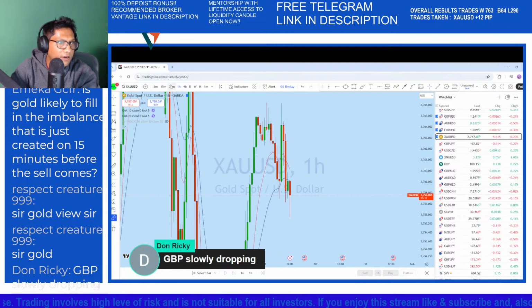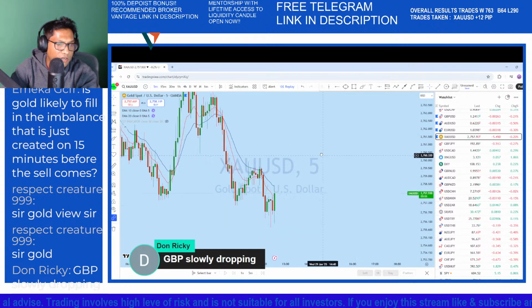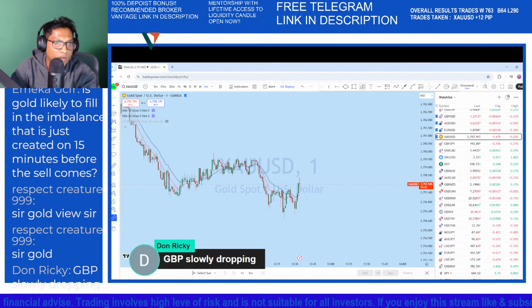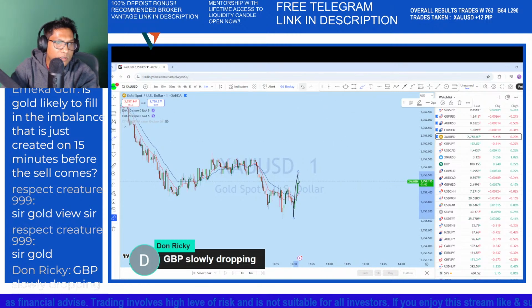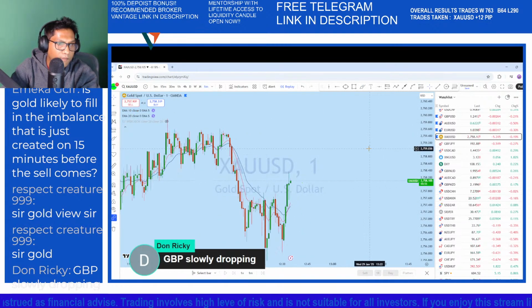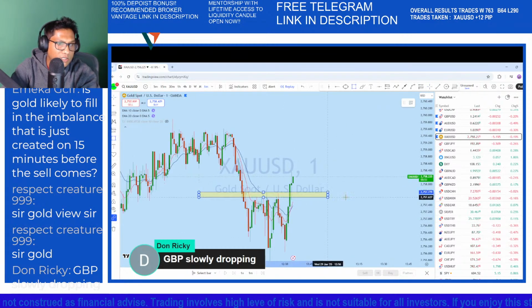Looking at the 5-minute chart and the 1-minute, we can see that from this support level there is a bounce, and with this bounce, the market is at the resistance line.